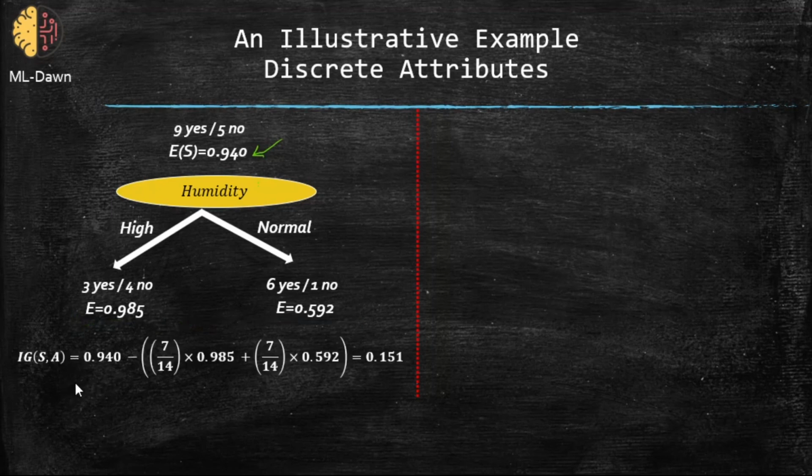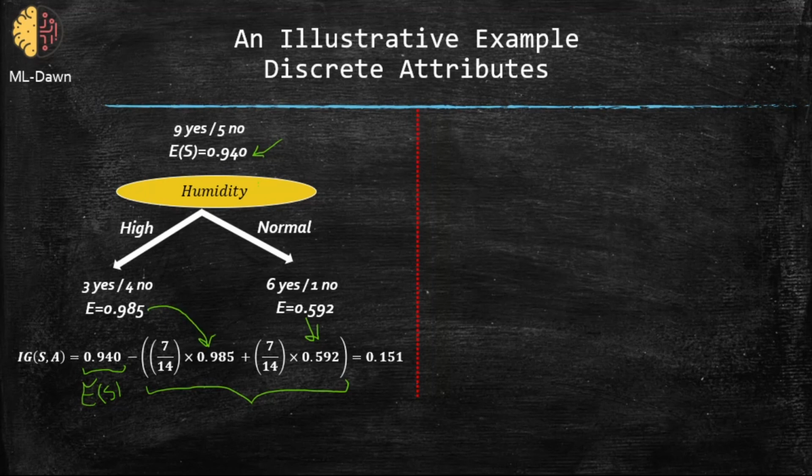As we saw before, this part over here is E of S that we've seen before, and this part on the right hand side is how we are combining our two entropies, meaning this one and this one, to report the entropy after the split.